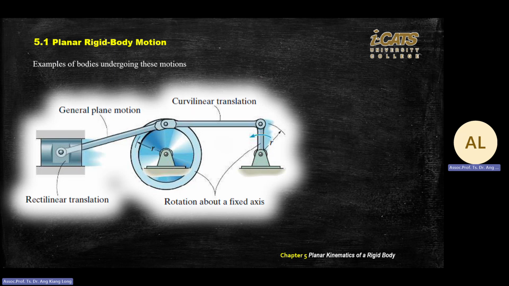So this link is moving straight forward. At the same time, because of this ring here, or there's one wheel here, the point at the center will rotate in a circular motion. So it will combine circular plus linear motion.